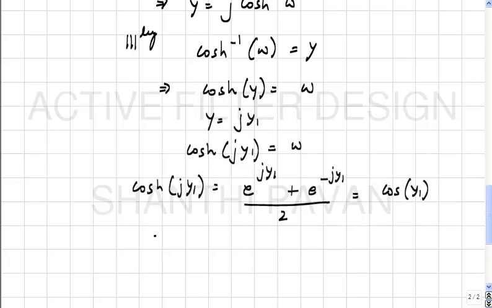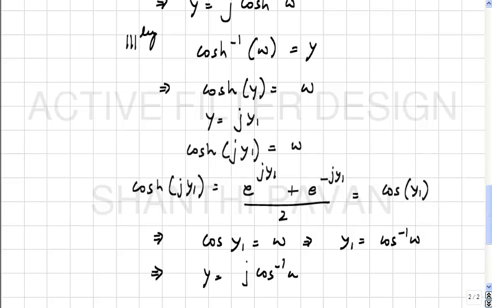Correct? Which means cos y1 is omega, which means y1 is cos inverse omega, right? Which means y is j cos inverse omega. Does it make sense?